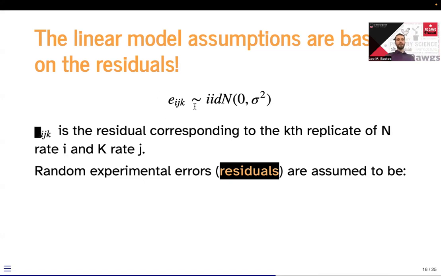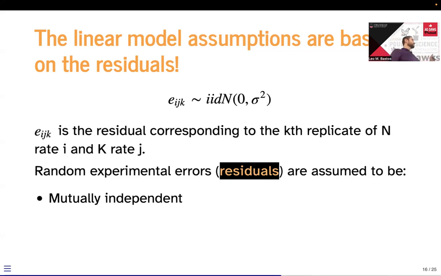So this basically sums up the assumptions, and let's break that down into something less mathematical and put that in words. So the random experimental errors or the residuals are assumed to be mutually independent. How do we make sure that this is true? Basically by doing randomization.